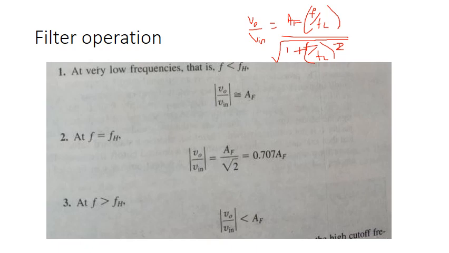We know the graph, the frequency response. So this is the frequency response. We have the cutoff frequency FL at this point. This is 0.707 AF. This is the constant AF.